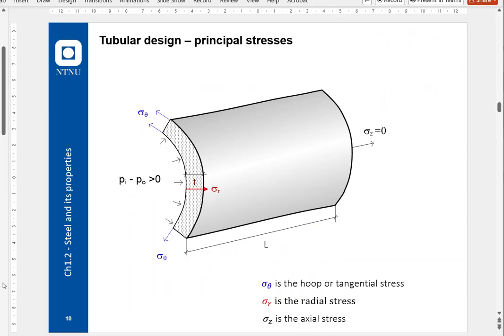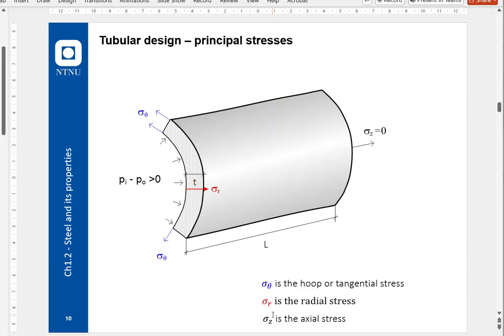The principal stresses are here as they are working on pipes. In this situation, it is inner pressure larger than the outer pressure. And we'll see that the radial force, sigma r, is positive. And the blue arrows, sigma theta, or the hoop or tangential stress, that's always the larger stress, more or less, in any case.